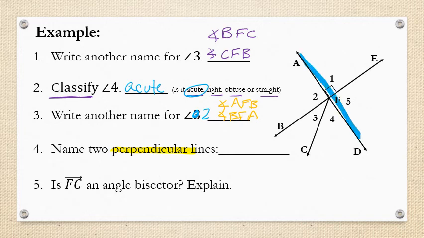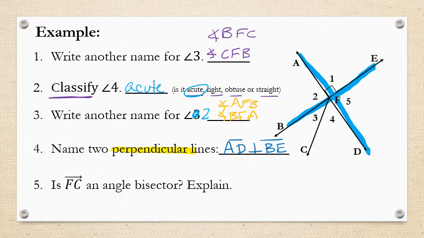Right here I have line AD, and right here I have line BE. So I can say that AB is perpendicular to BE. I lied, it's not AB, that would be AD. Many of you caught my mistake before I did. Okay, so let's make that correct: AD and BE.